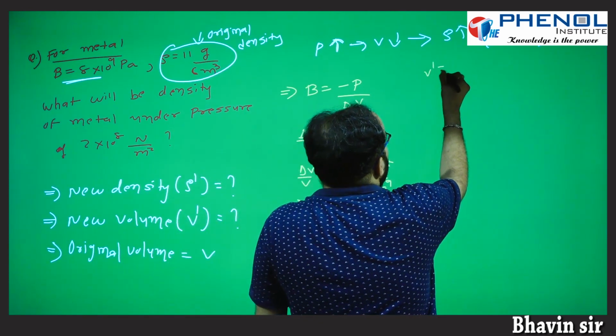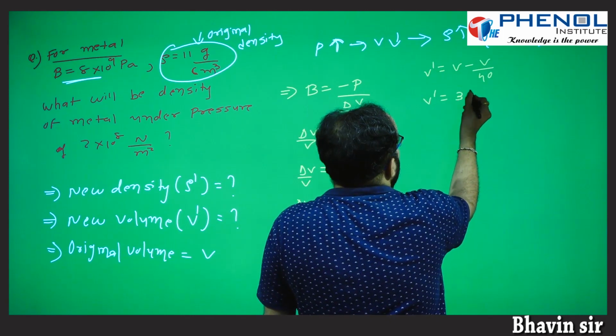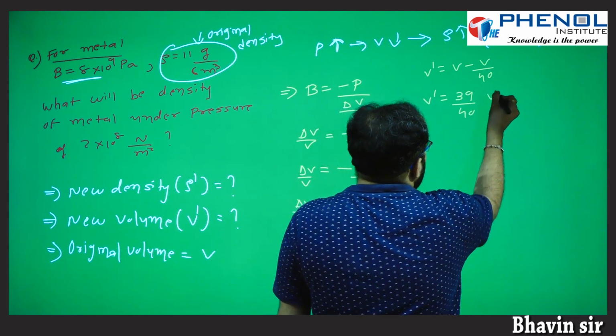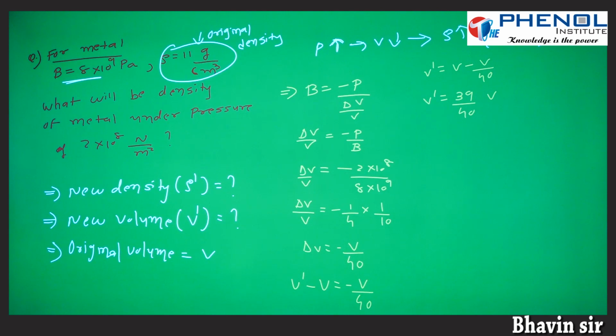So V dash equals V minus V by 40, so 39 by 40 V. See students, volume is decreased, because the answer comes as a fraction. 39 by 40 means 0.975, so volume is decreased.